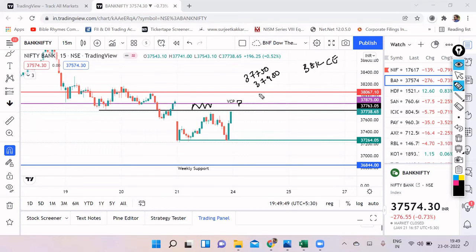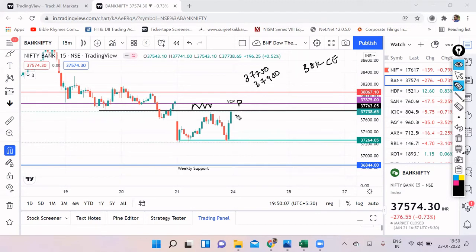Or you can in fact buy a put also, but I'm not sure if it would come down fast, but selling a call option looks a bit better. So we can definitely take a downside trade here in case of a gap up.